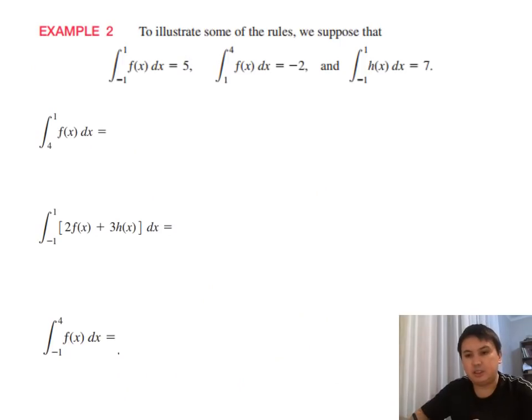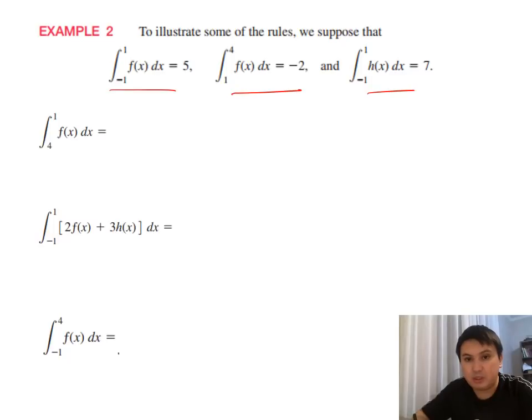Let us illustrate the properties that we saw with examples. Let's say that I know these three quantities: the integral from -1 to 1 of f is 5, the integral from 1 to 4 of f is -2, and the integral from -1 to 1 of h of x, a different function, is 7. Now let's say that I want to find the integral from 4 to 1 of f of x.